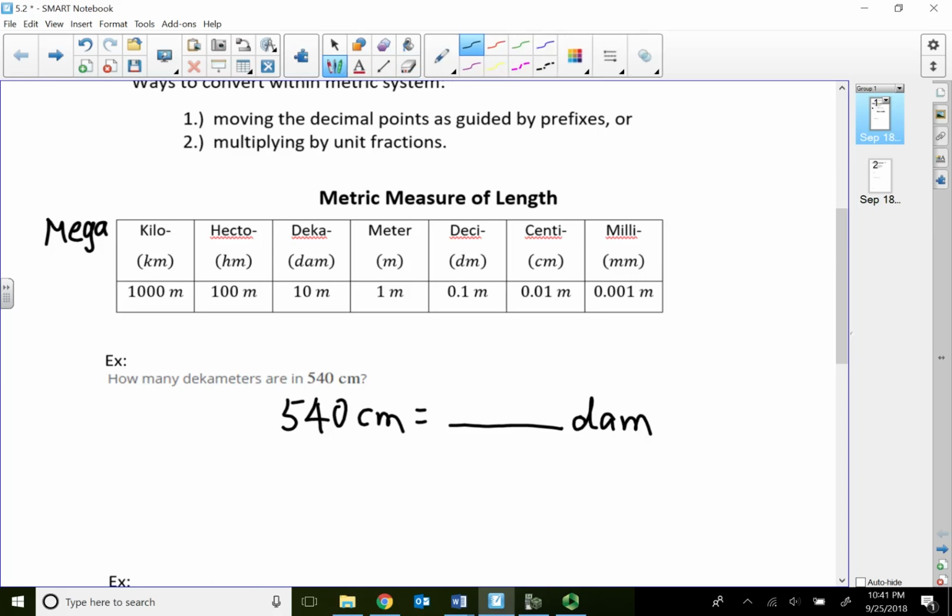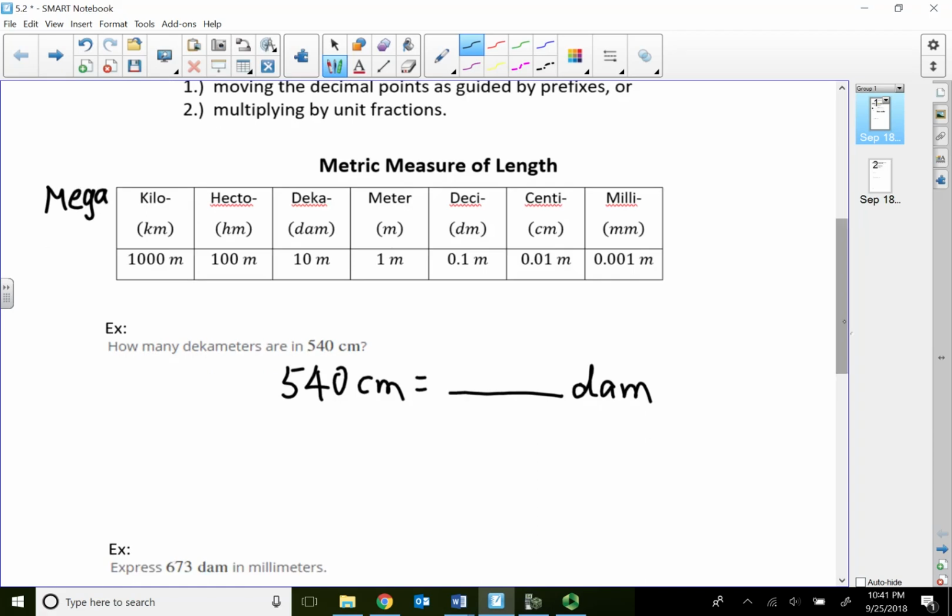All right. So if I want to convert centimeters to decameters, let me write this out and try the multiplying by the unit fraction method. The unit fraction starts with 540 centimeters over 1 times another fraction. Let's put my centimeter down here so the centimeter can cancel out. But if I want to put decameter up here, what is my conversion between decameter and centimeter?